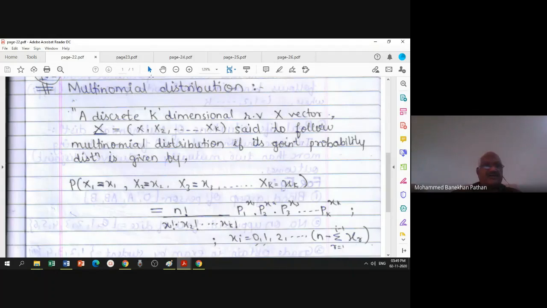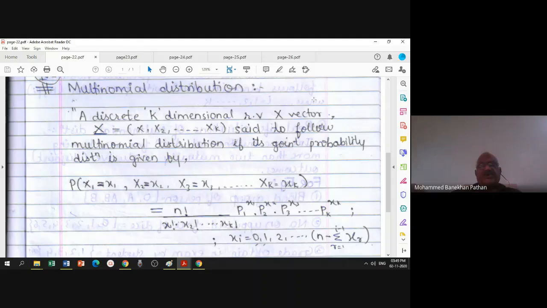Now, today we are speaking about multinomial distribution. When I perform an experiment, it may have more than two outcomes. In this case, we go for multinomial distribution. A very simple example for multinomial distribution is throwing of a dice.